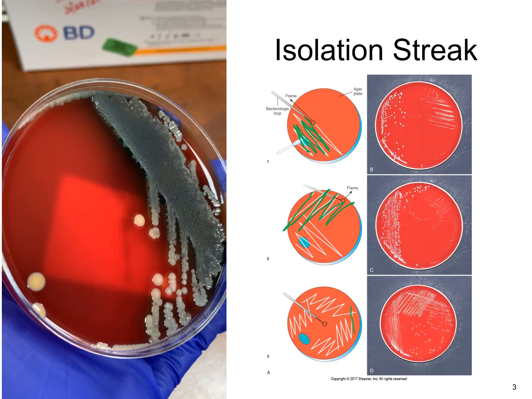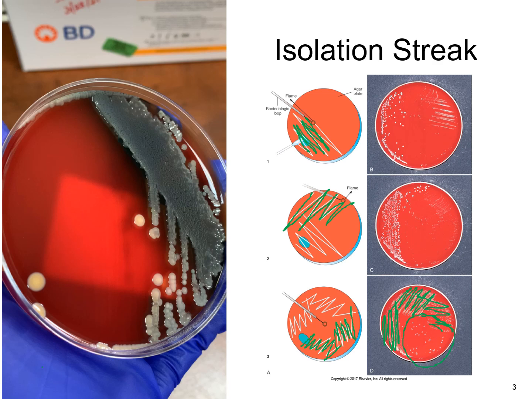Then from there you will do another streak and then the 4th quadrant. What you're looking for is that it starts off with a thicker growth pattern, as you can see here at the bottom, and then it thins out until you get to the point where you actually have individual colonies growing.